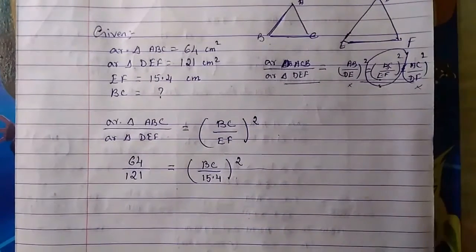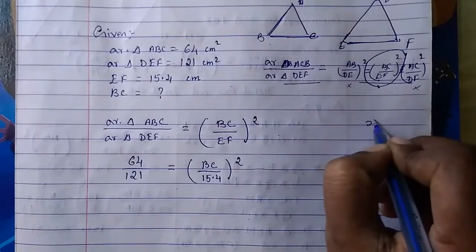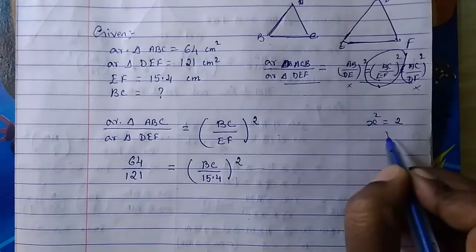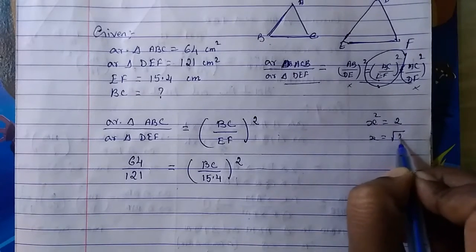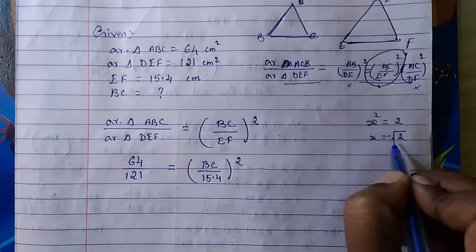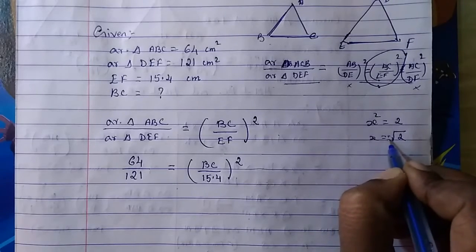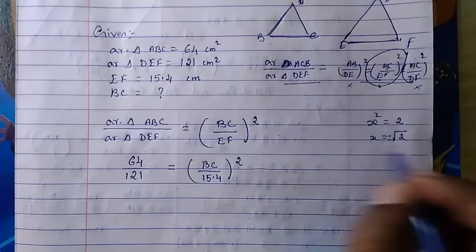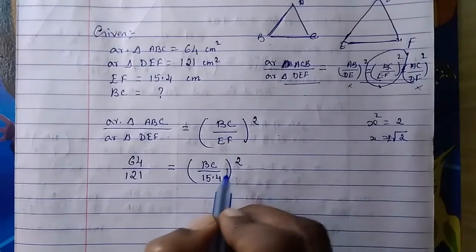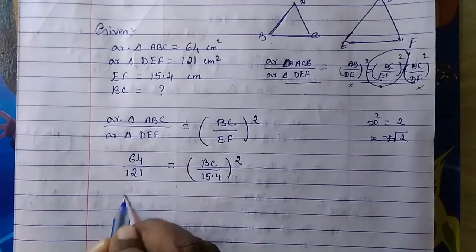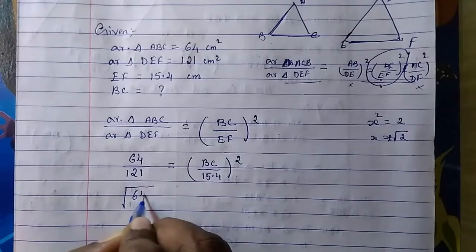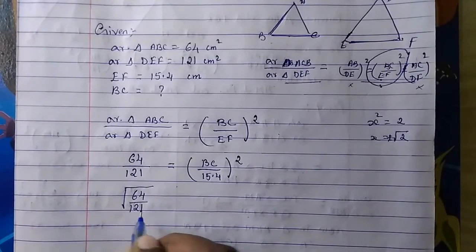For example, if x square is equal to 2, when you bring the square to that side, it will become root. It can be plus and minus, but minus we don't take because area has to be positive. Same method we will follow. Square comes to this side means this will become root, so root of 64 upon 121.